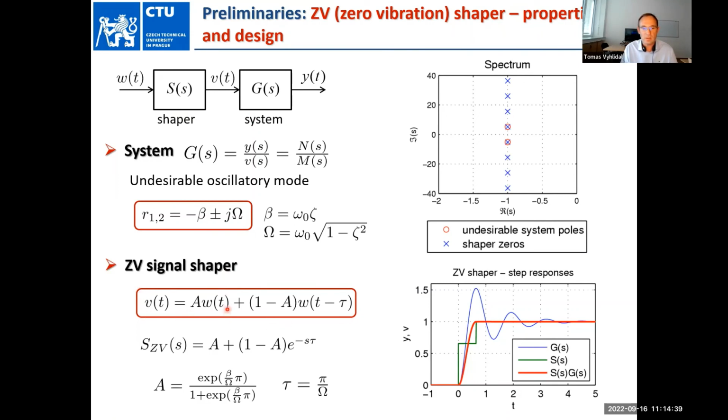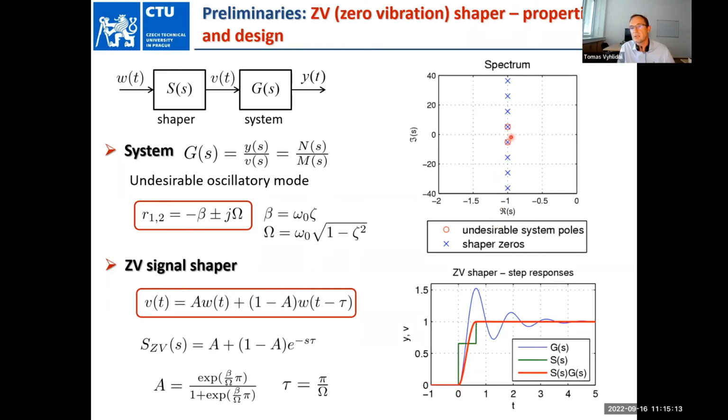It only weights the non-delayed and delayed control input. If we do it properly, the delay is related to the oscillation period and the damping of oscillations, and in the step response the oscillations are perfectly compensated. The reaction to the second step compensates the reactions to the first step.